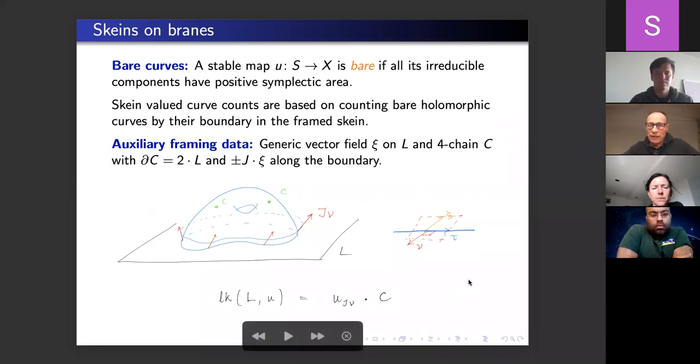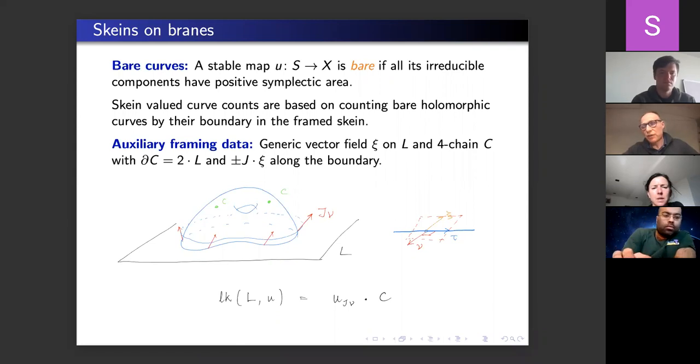On the picture on the right, I have the tangent to the curve, which is independent of this reference vector field psi, and I take the normal to the plane that they span. I shift the curve near the boundary in the direction of j times this normal.